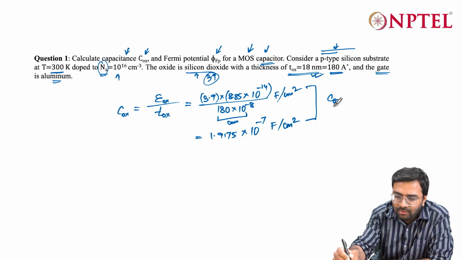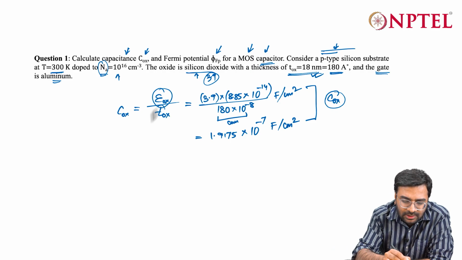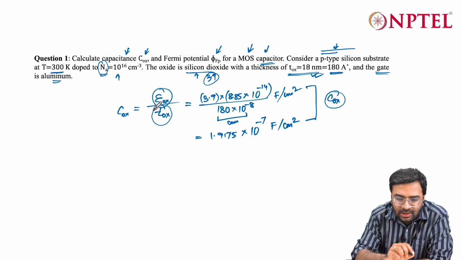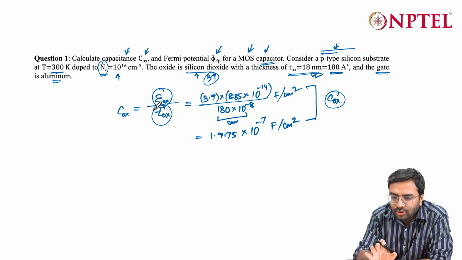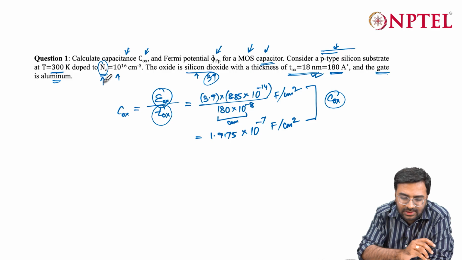Now, when we are calculating this Cox, you can see that only two parameters that are given in the question are being used, but there are many other things also, at least I can see the value of Na that is given.